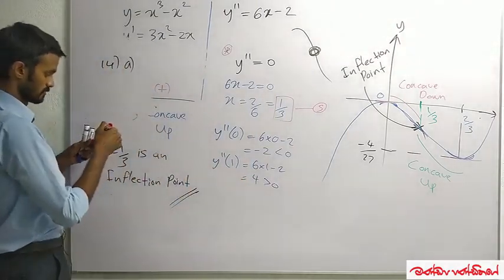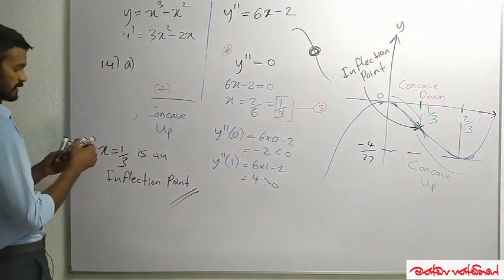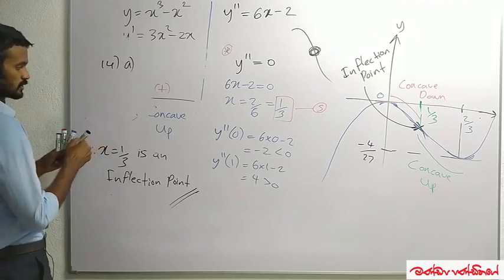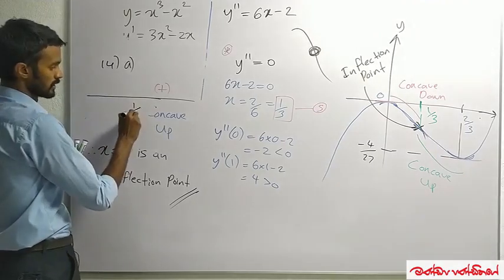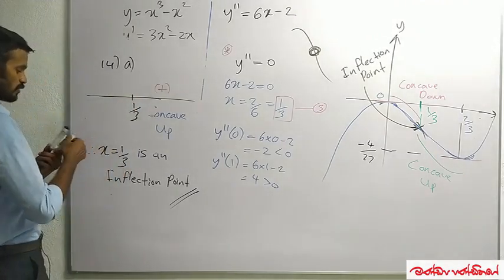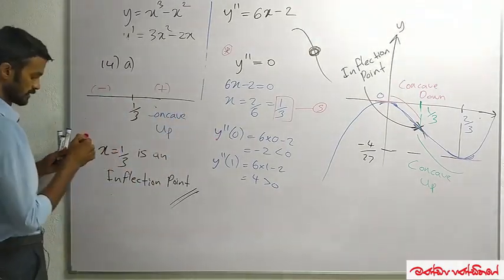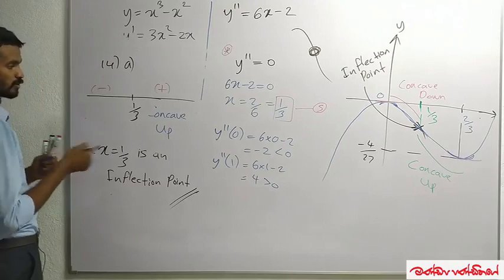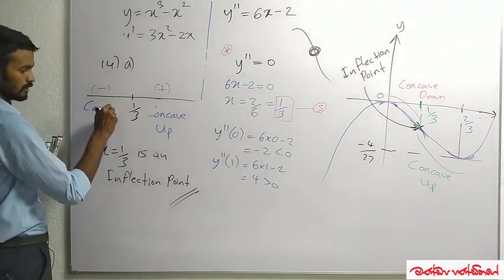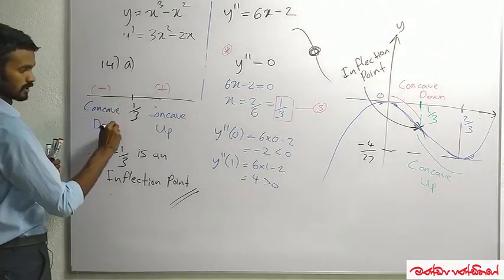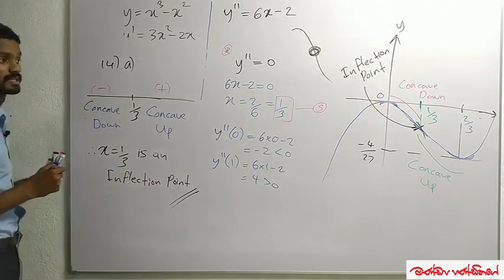For showing that, what we had is, I took a value before 1 over 3, such as 0, and substituted it into y double dash, and I got that before 1 over 3 I have a concave down nature, and after 1 over 3 I have a concave up nature.